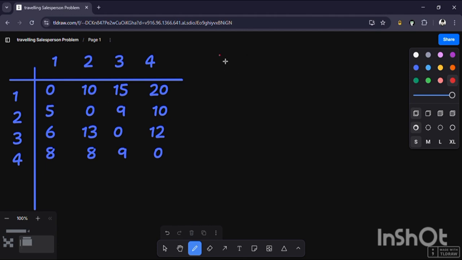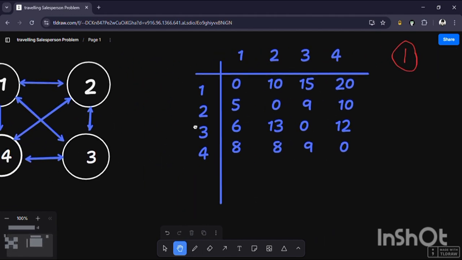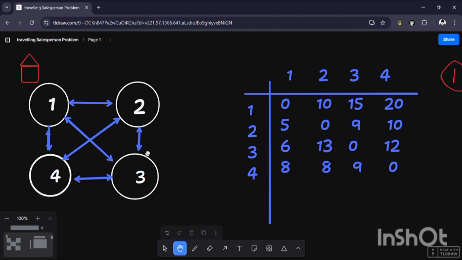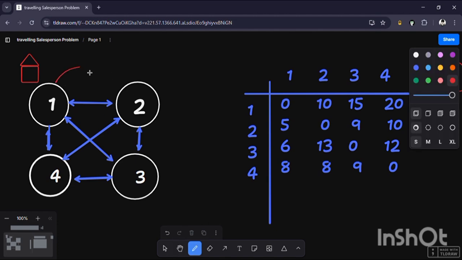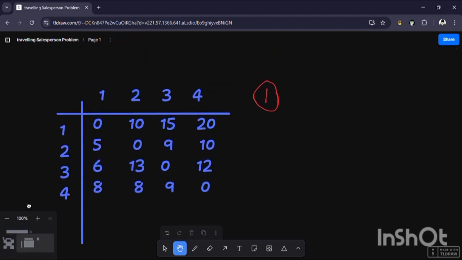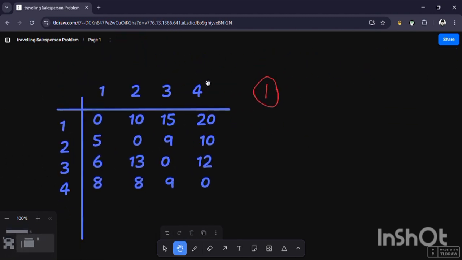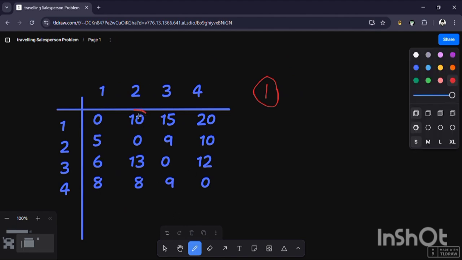Suppose now he starts from 1, from the post office. From 1, how many options does he have? From 1 he can go to 2, 3, or 4. So there are 3 options, right? Out of 2, 3, or 4, which one will he choose?